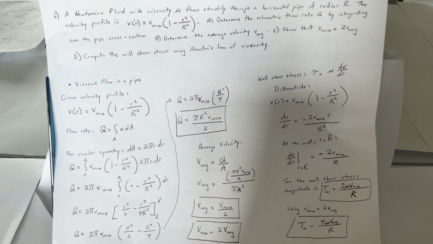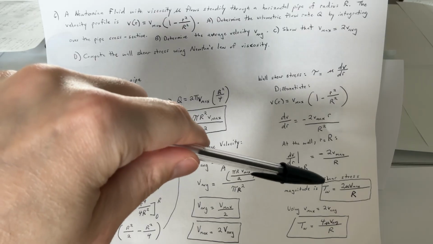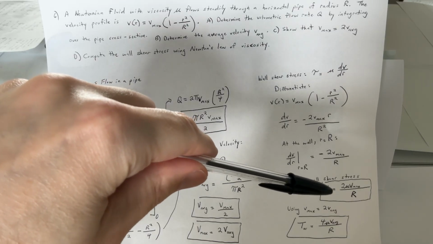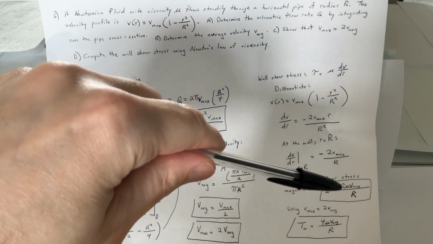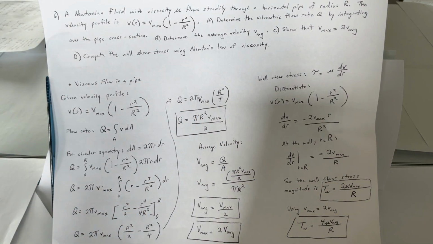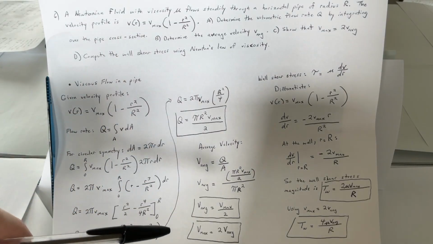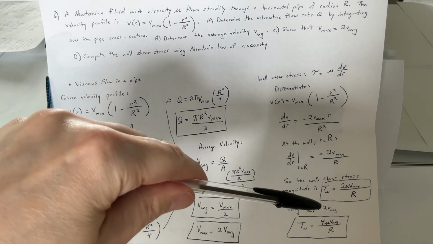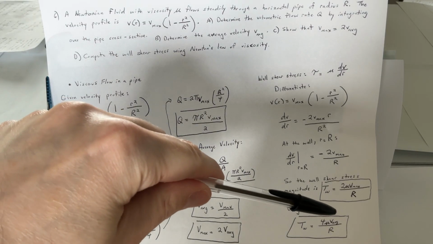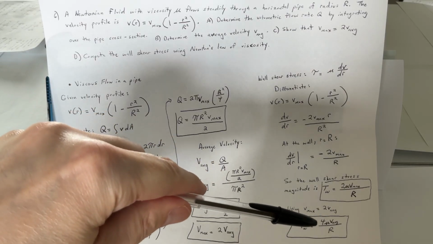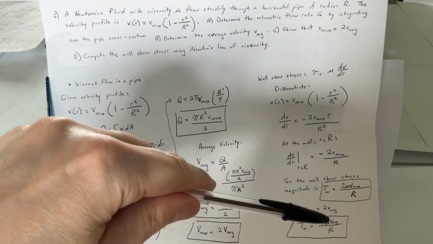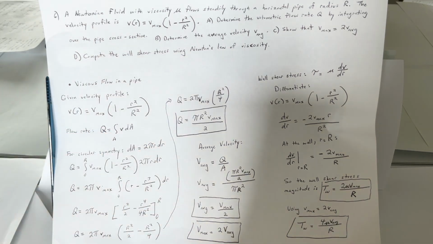So the wall shear stress magnitude is T sub W equals 2 times the viscosity times V sub max over capital R, and using V sub max equals 2 V sub average, T sub W equals 4 mu V sub average over capital R. Again, some people would write the T as a tau.